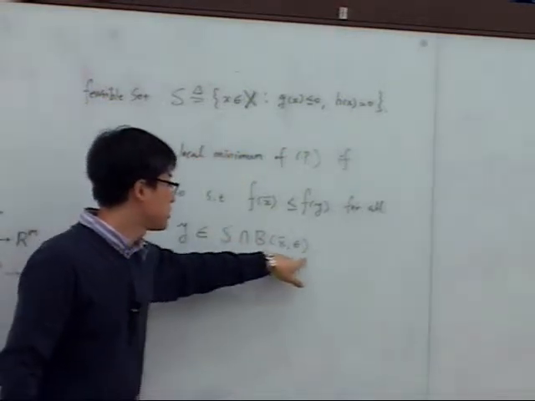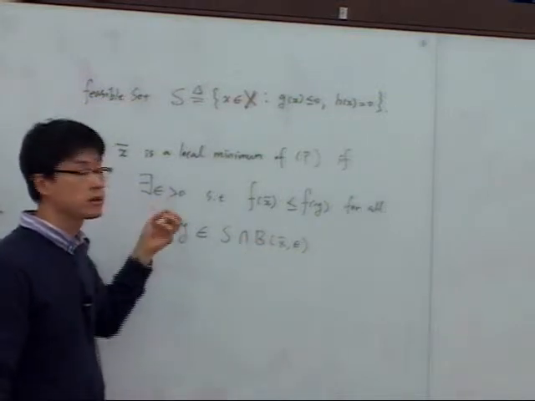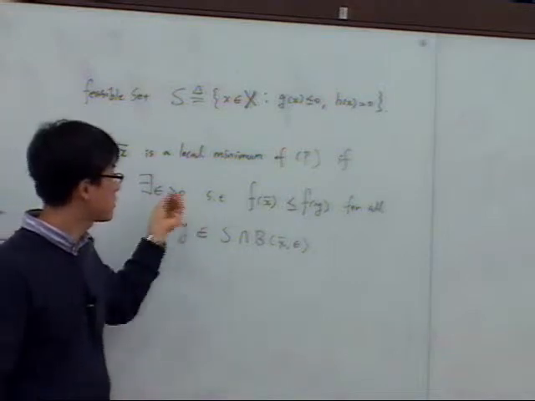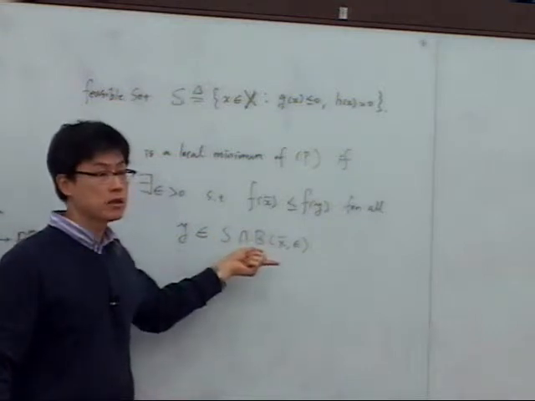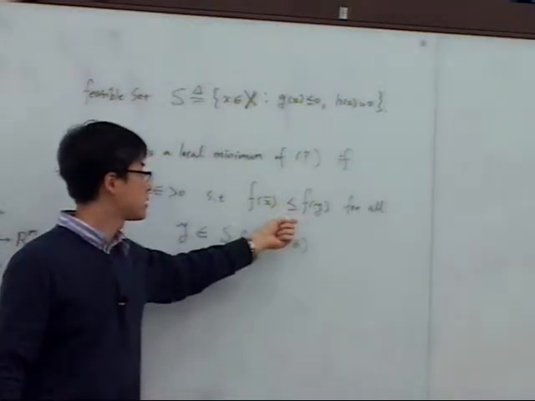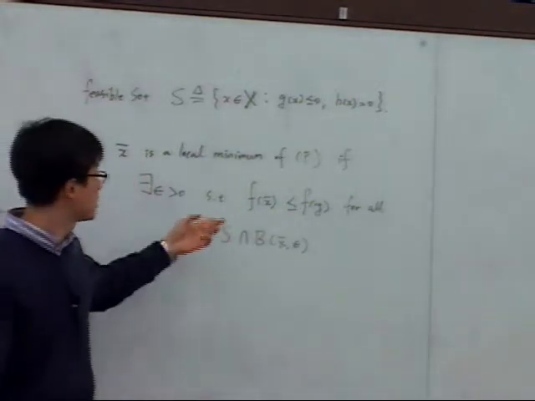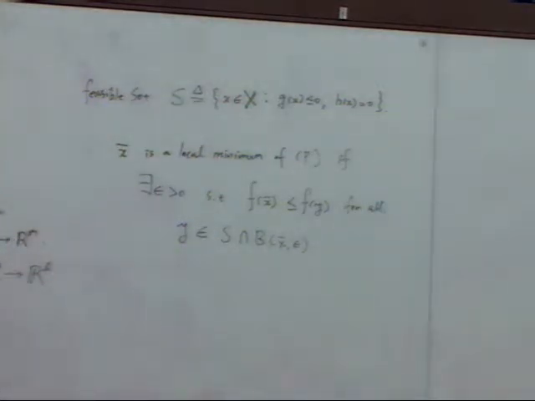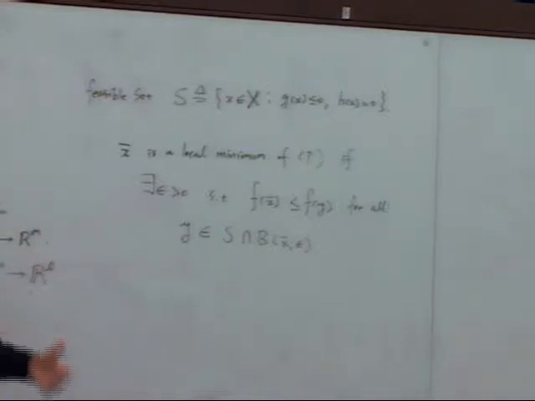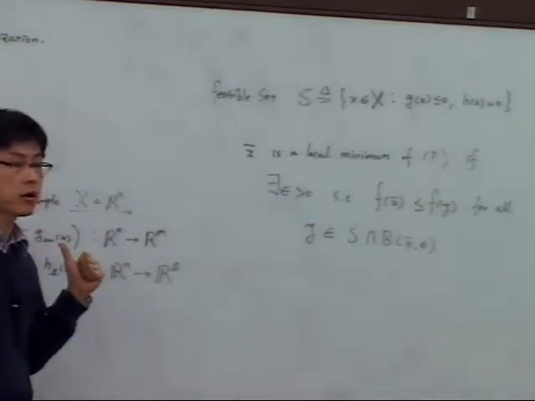So in the intersection of this feasible set and the very small ball, if there exists a small epsilon, and for every y inside of this S intersection B the function value is greater than the function value at x bar, then this x bar is defined as the local minimum of constrained optimization problem P. It's just a simple, very straightforward extension of unconstrained optimization problem definition.